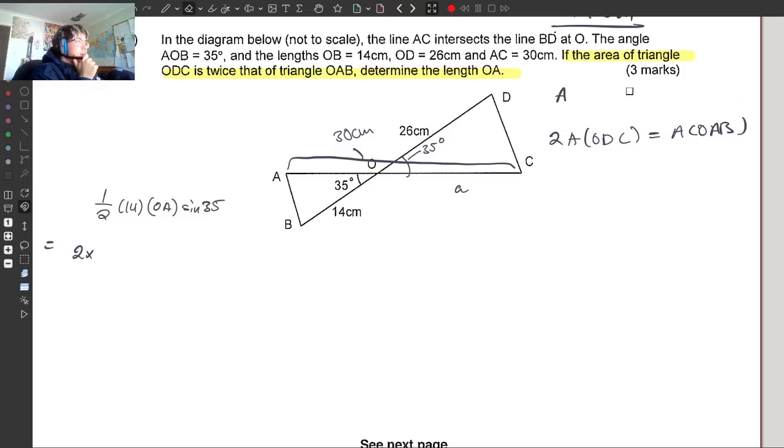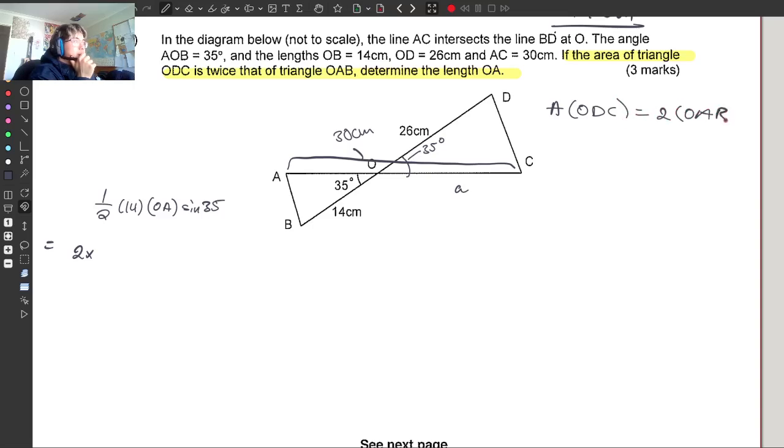The area of ODC is equal to 2 times the area of OAB. That's what we need to do, 2A. So this is area of OAB times this by 2. This will be equal to the area of ODC.